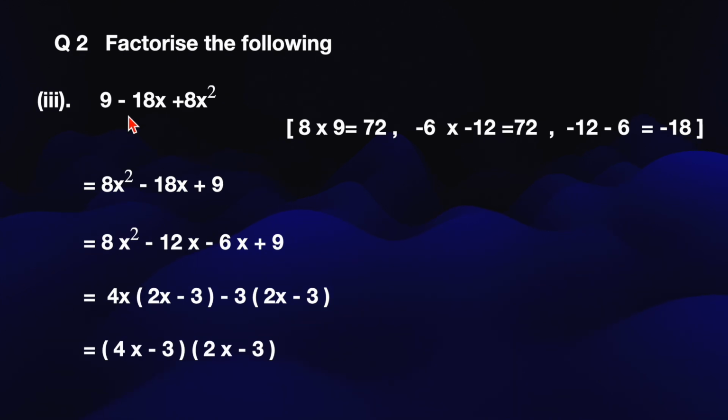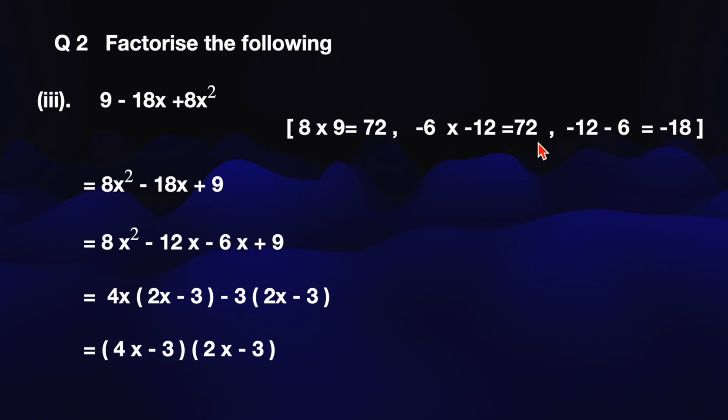Next sum, 9 minus 18x plus 8x square. First write it down in the standard form: 8x square minus 18x plus 9. Then here there is a coefficient, multiply 8 9s are 72. Then this is the middle term. So you have to find two numbers which when multiplied give us 72.